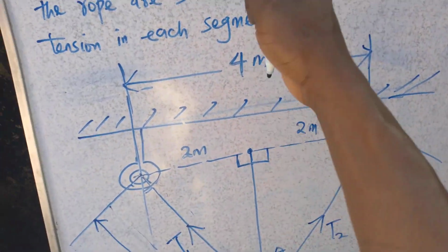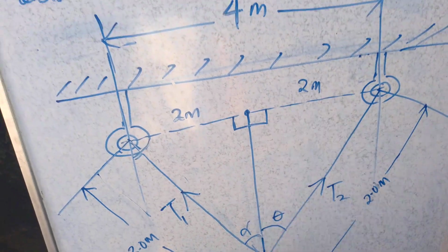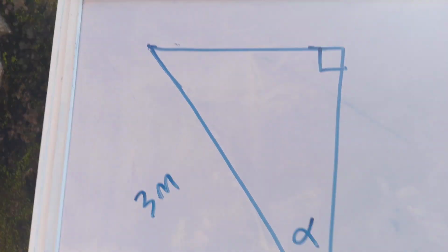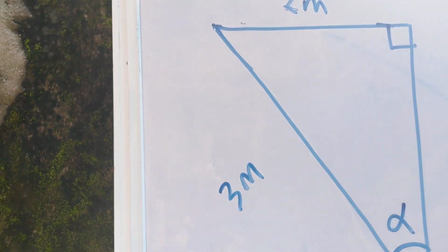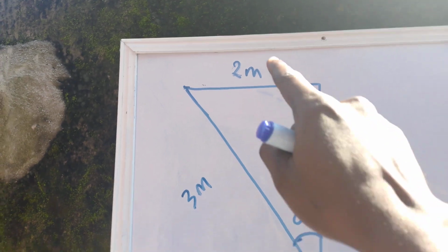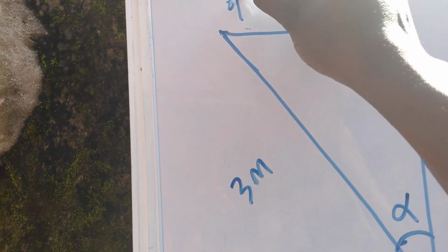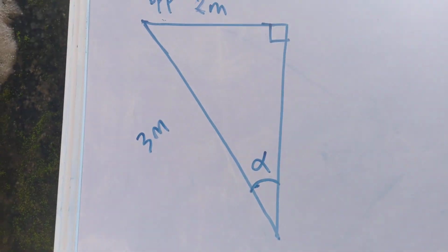I'll take this as 2 meters. The side that faces this angle of inclination is my opposite side, because this is a right angle triangle, and the longest side facing 90 degrees is the hypotenuse.